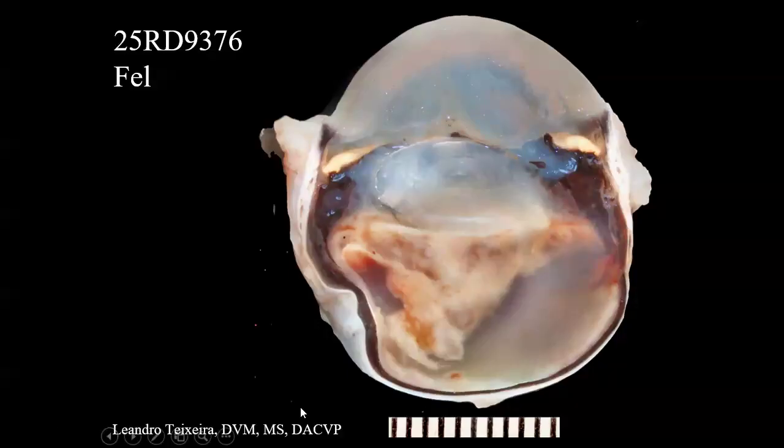Here's the globe, cornea, iris, lens, and there is a lot of what looks like a suppurative exudate in the vitreous. We've got the optic nerve. I think the retina is detached here somewhere, and what we're seeing here is some of that debris on the surface of the exposed choroid.